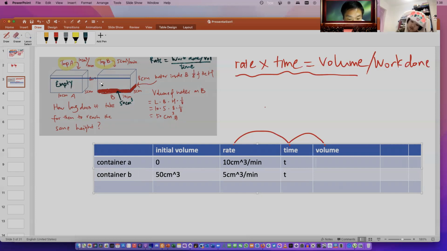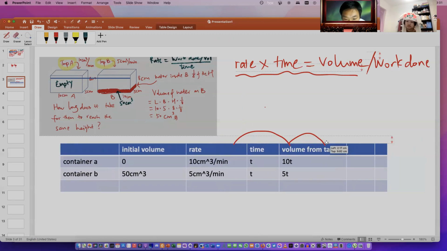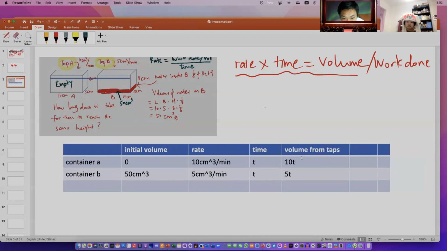So 10 times t, you get 10t. Over here you will get 5t, right? But the volume here is the volume from the taps. I want you to differentiate one thing. This rate 10 times the time t, 10t, is the volume from the taps.